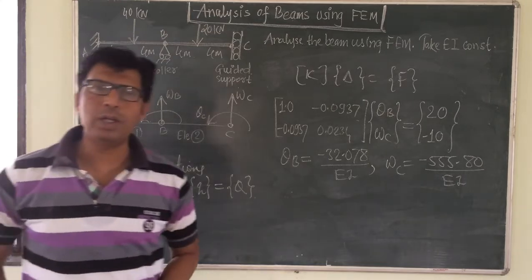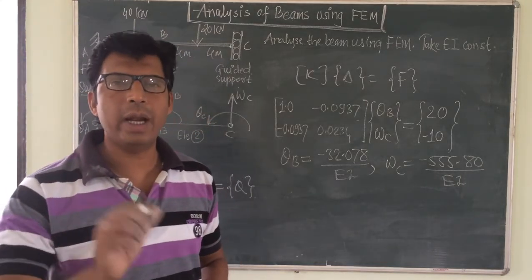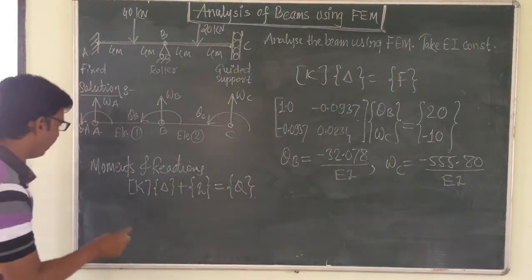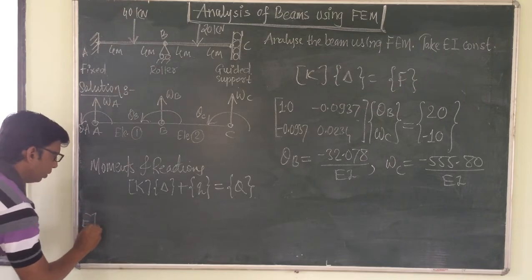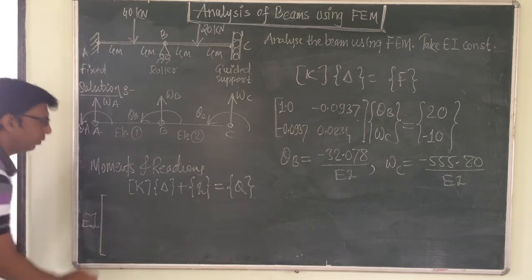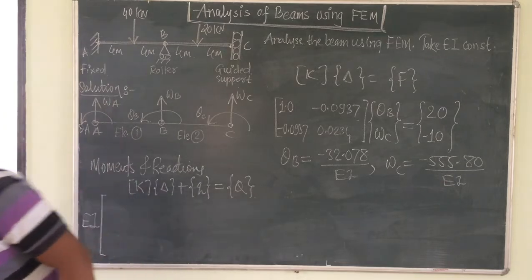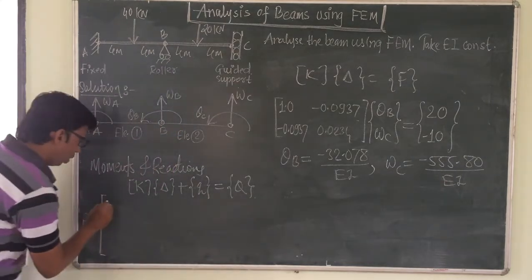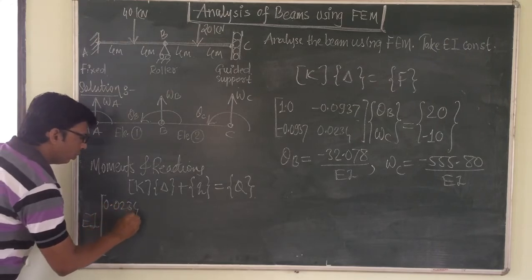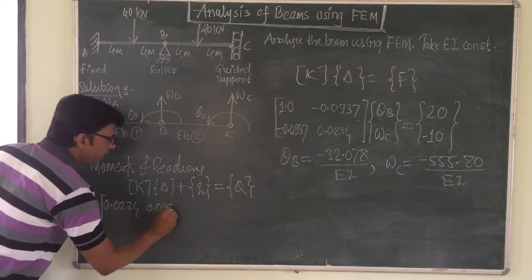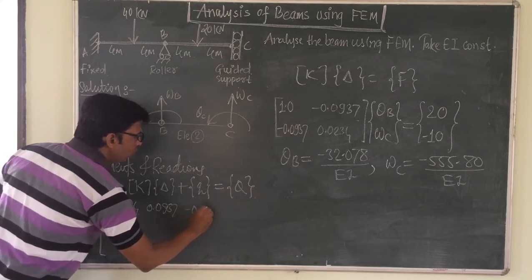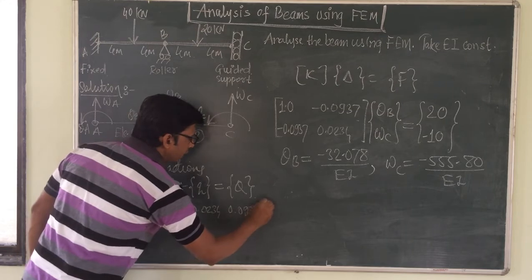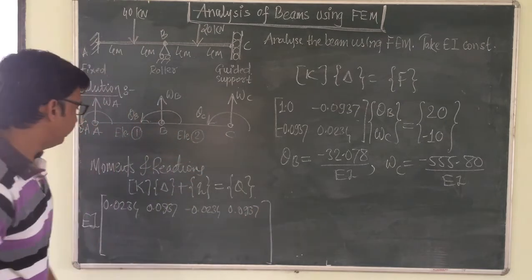If you refer to our first step, element stiffness matrix, where we derived the stiffness matrix of each element, K1 is equal to 0.0234, 0.0937, minus 0.0234, 0.0937. This is the first row of K1.